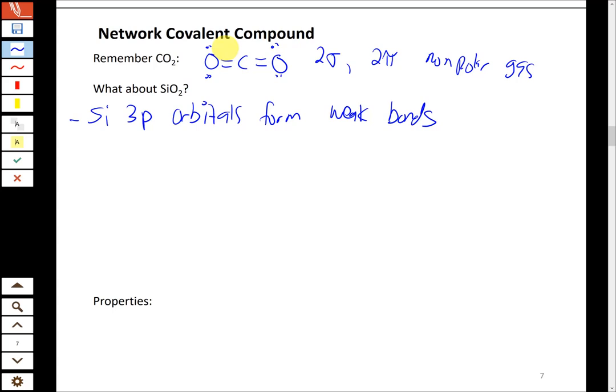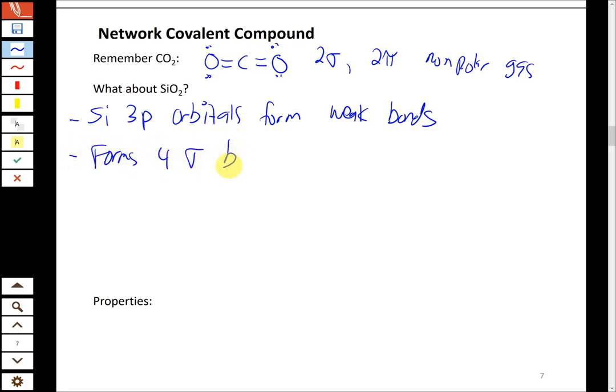But if we try to make pi bonds in SiO2 between silicon and oxygen, those end up being pretty weak. That's in part because there's an energetic mismatch between the 3p orbitals on silicon and the 2p orbitals on oxygen, which are much lower in energy. Because those orbitals are far apart in energy, they don't overlap very well, and they don't form very strong bonds. So it's actually more favorable with silicon to form 4 sigma bonds instead.